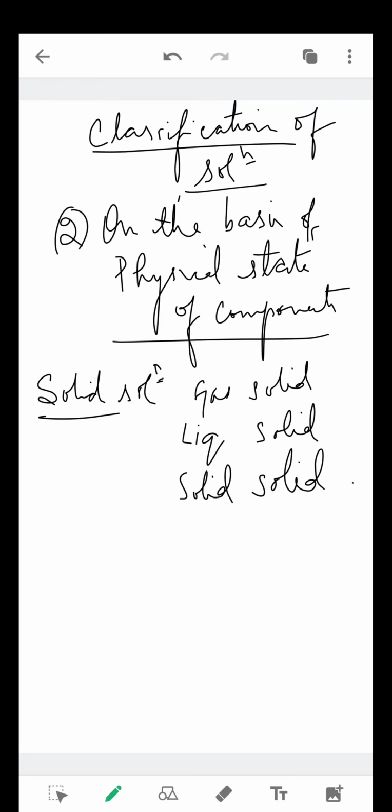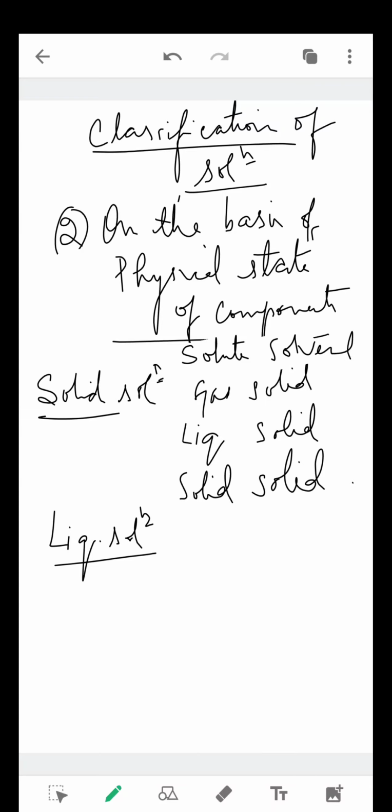Now, liquid solutions. Again, in liquid solution, this is the solute and this is the solvent we are talking about.